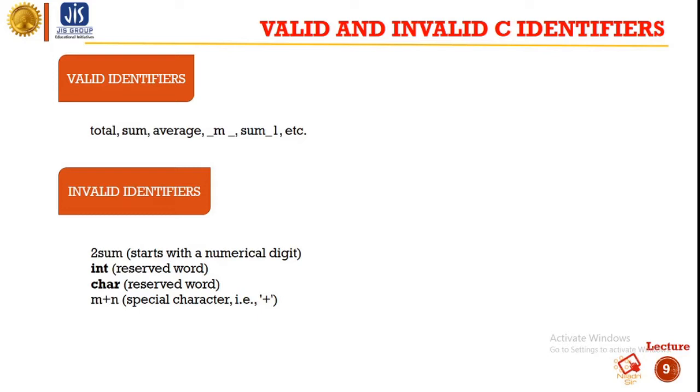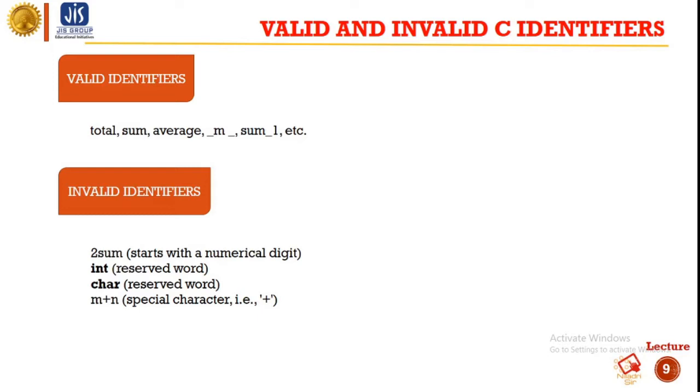So what are the invalid identifiers? The first one is 2sum. As we know, identifiers cannot start with a digit, but in this case it has started with a digit. The next one is int. Int is a reserved keyword, which is basically a data type, so it cannot be used.